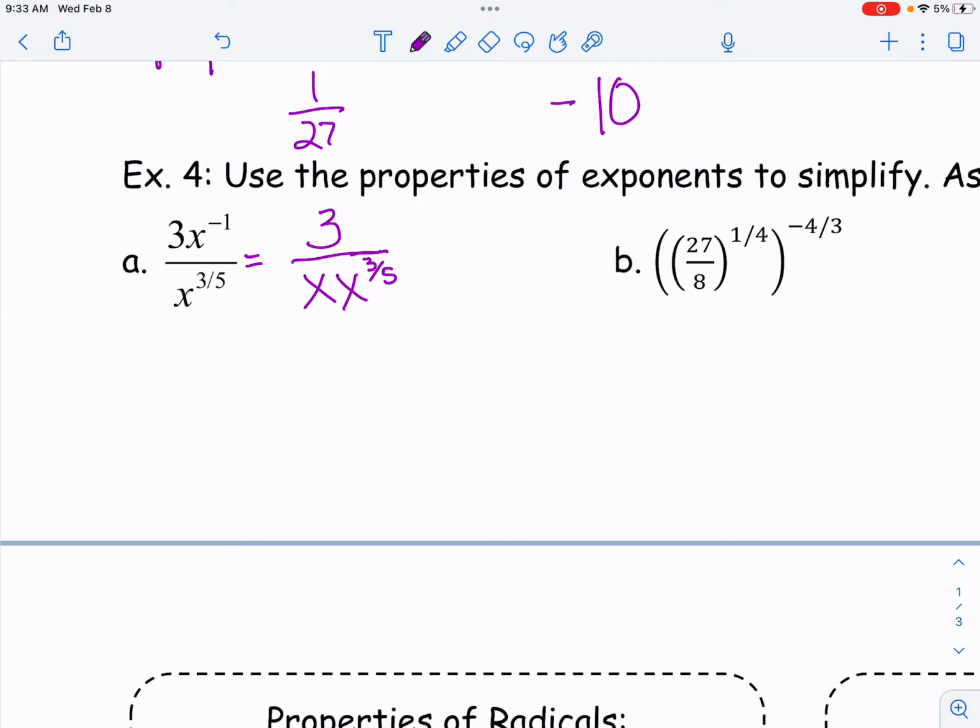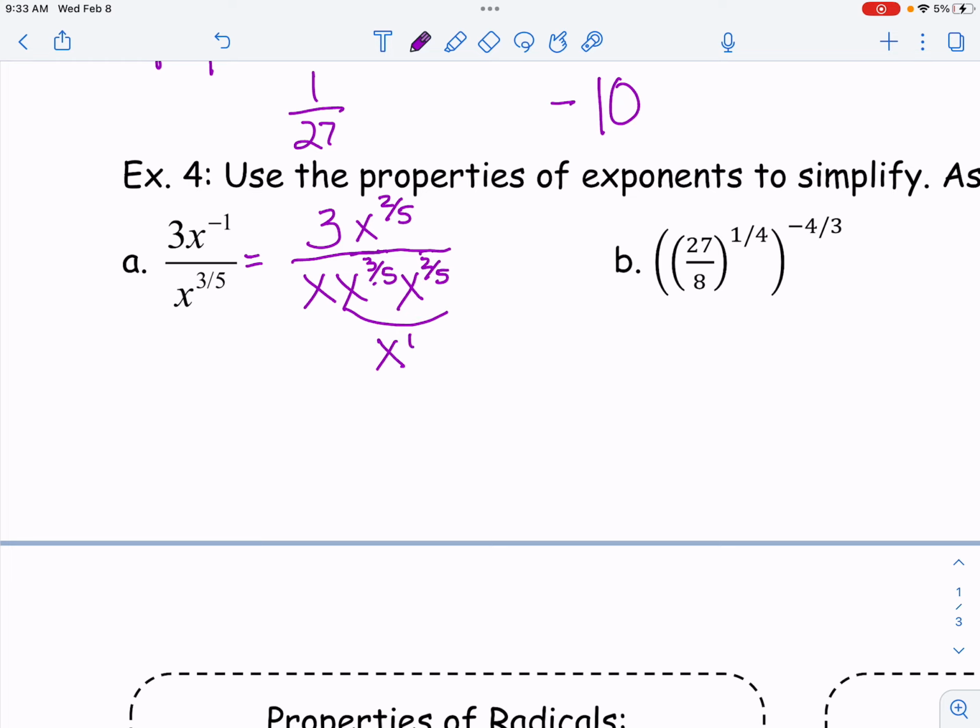And you're always going to go forward. So 3/5, if I add 2/5, and when you're multiplying, you're adding the exponents. So when I multiply by x to the 2/5, and I have to do it the same here, this is going to become x to the 1.